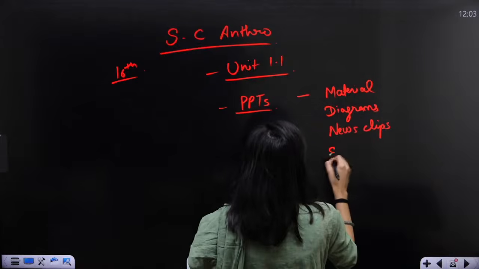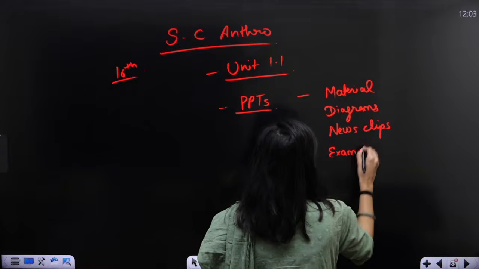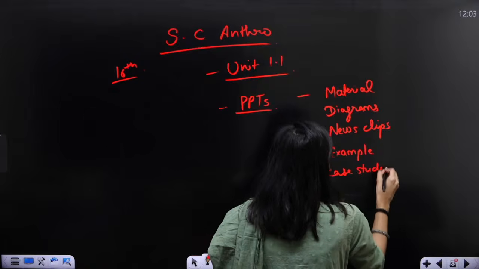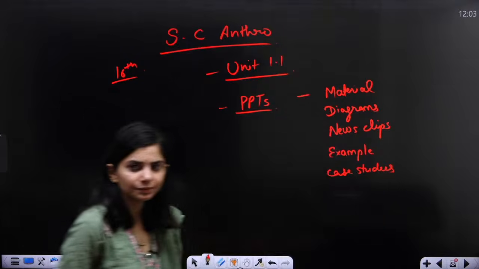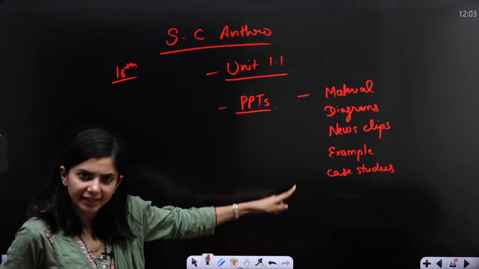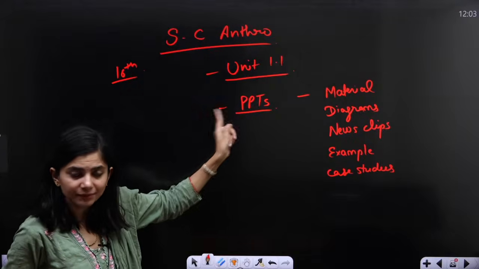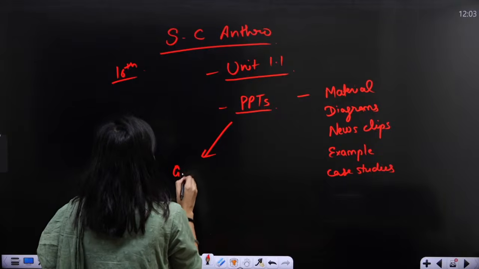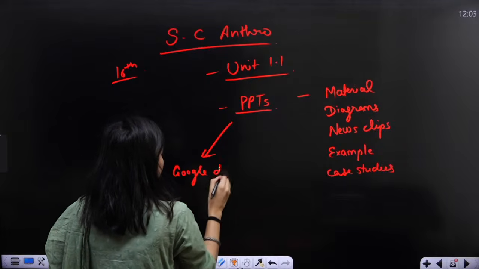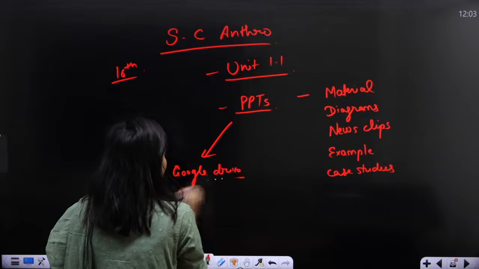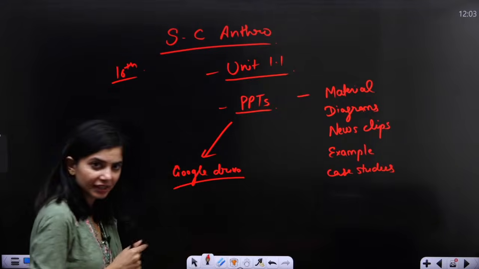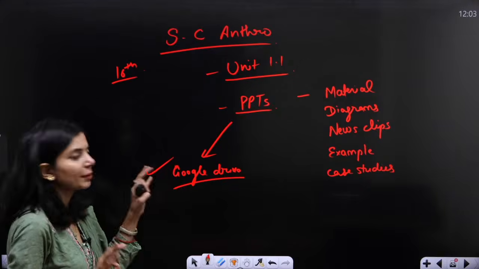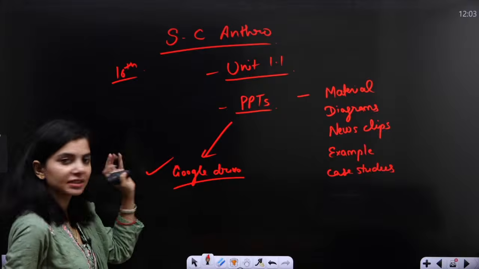I will use some examples and some case studies. All these things are part of the PPTs, and I will provide you this PPT. There is going to be a separate Google Drive link. The team will upload the annotated PDF there. You will get the Google Drive link and all the PPTs there. So this is the first thing.